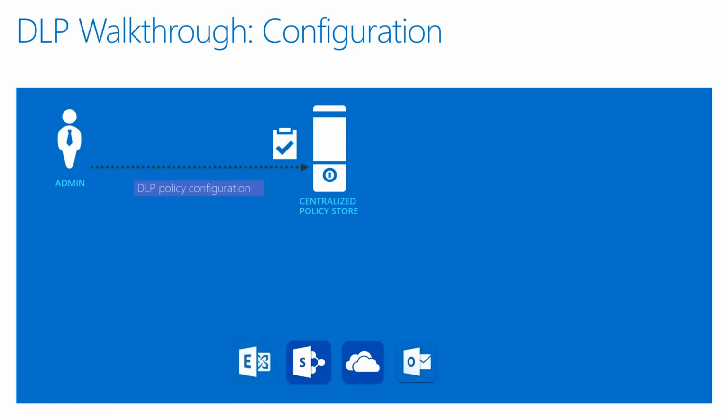All of your policies are stored in a centralized policy store, which is then distributed to specific types of applications. So in this example, an administrator logged in, generated a few policy rules and templates, and is automatically sent to the different Office 365 services.